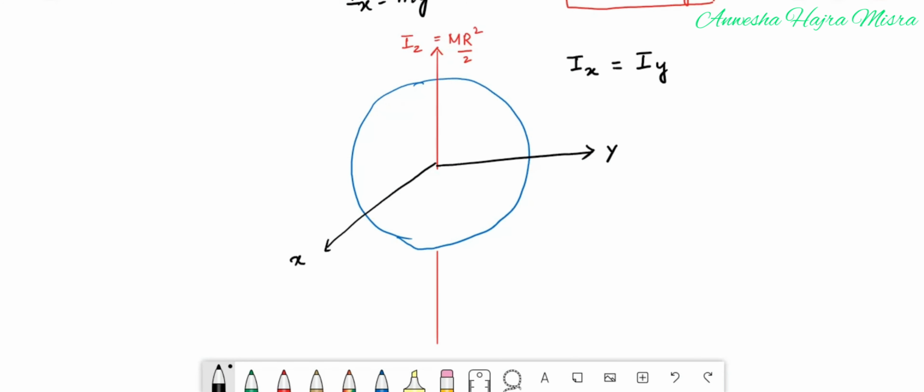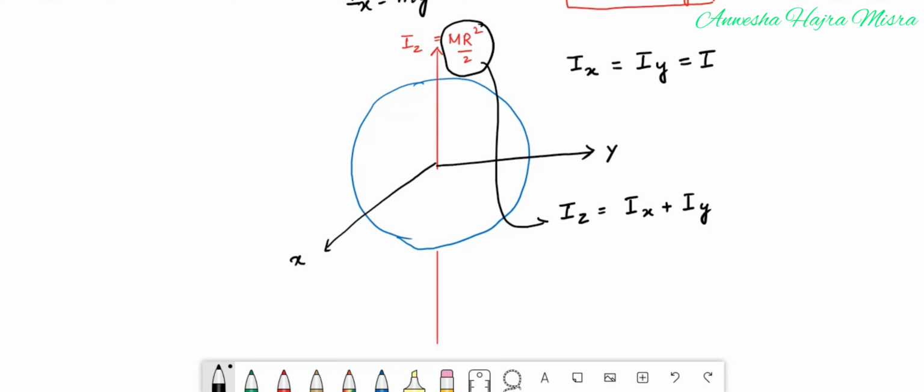And we know Iz is Ix plus Iy. Now let Ix equal to Iy be equal to I. Now Iz is mr square by 2. Put the value of Iz over here.